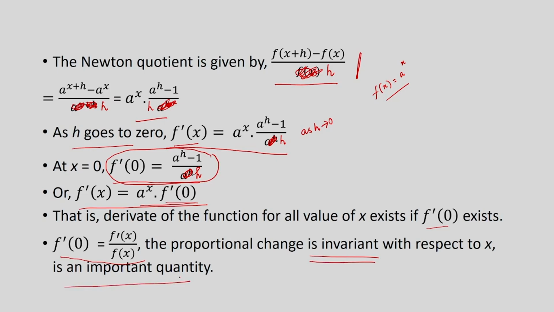F dashed of x divided by fx is the proportional change, and that always remains the same for this kind of function, the general exponential function. It is not only always the same, it is given by f dash of 0.